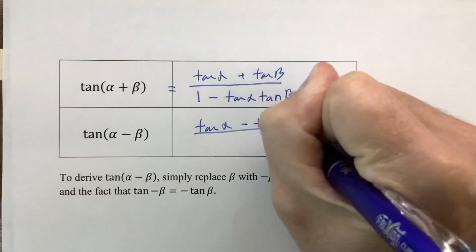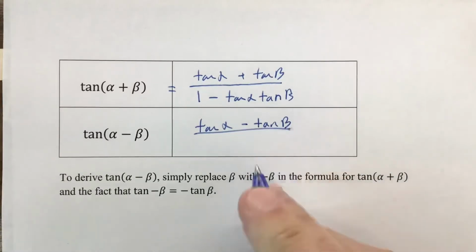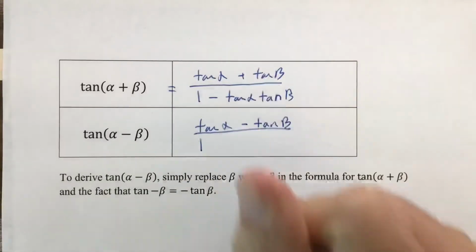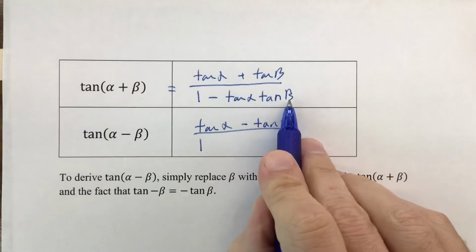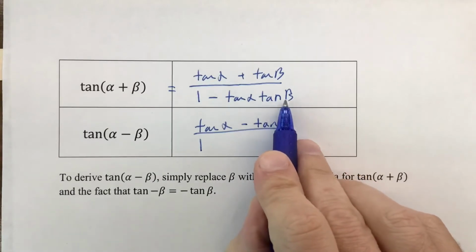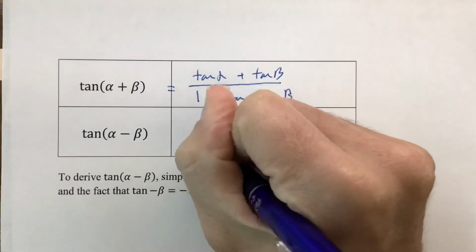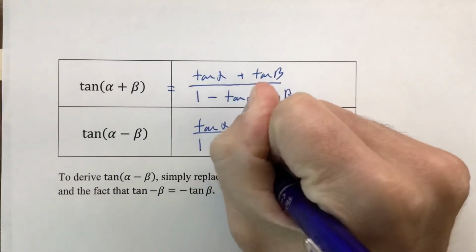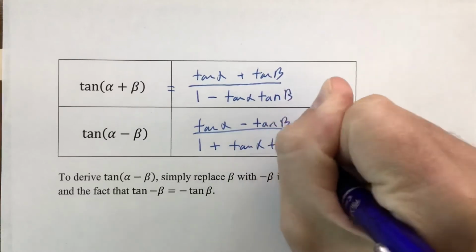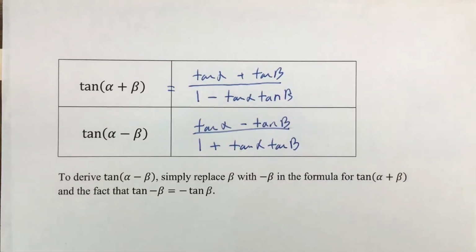We're gonna end up with subtracting the tangent of beta. Okay, for the bottom, nothing happens to the 1. If this beta is negative, we can move that negative out, and when it moves out, it's gonna change that into a positive. So we get plus tangent alpha, tangent beta.